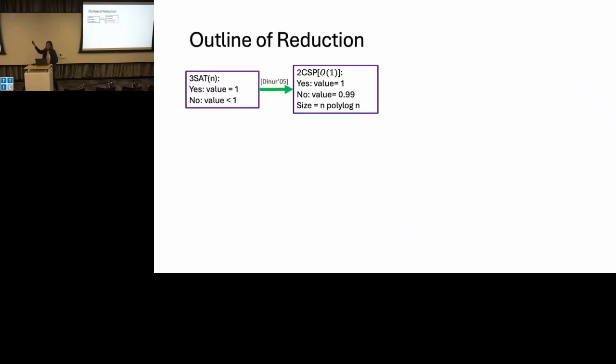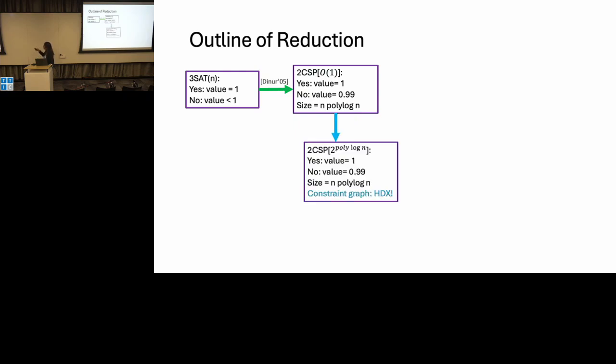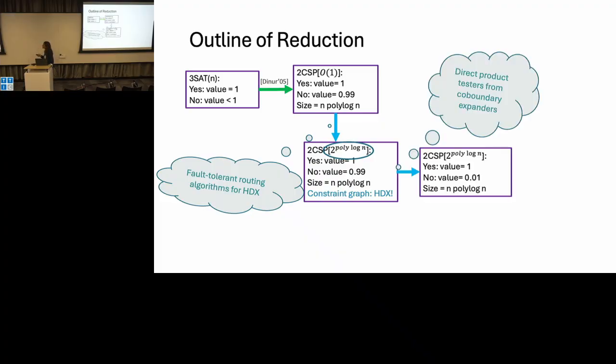So to summarize the reduction, we start with Dinur's PCP and use these fault tolerant routing algorithms for HDX to reduce 2 CSPs to 2 CSPs where the constraint graph is fixed. So for every n, you have a fixed constraint graph, and only the constraints vary on the edges. In the process, we blow up the alphabet a bit, but let's ignore that part.